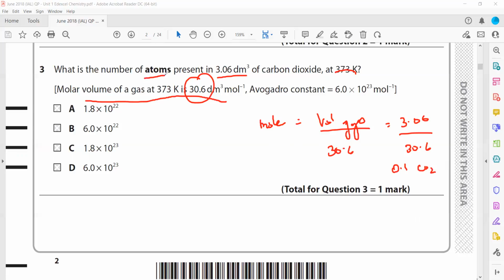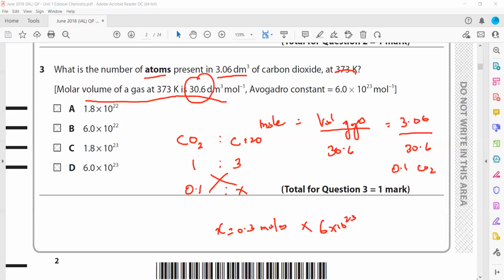Now, in the question, we need how many atoms. One molecule of carbon dioxide contains 2 oxygen and 1 carbon, so the molecule to atom ratio is 1:3. If we have 0.1 moles of carbon dioxide, how many moles of atoms will there be? Cross multiply, and we get 0.3 moles of atoms. To get the number of particles, we multiply by Avogadro's number, 6 × 10^23.